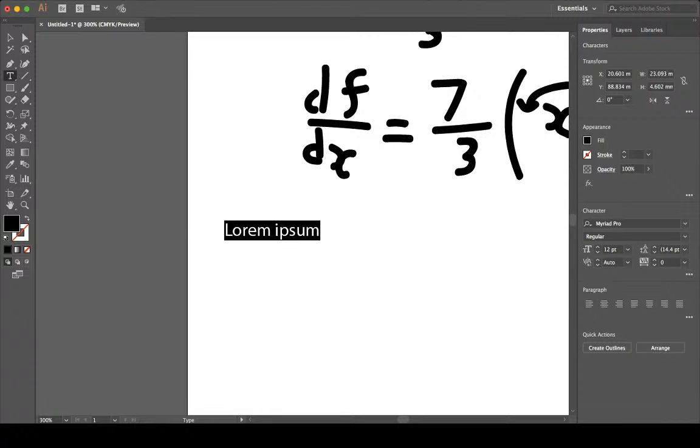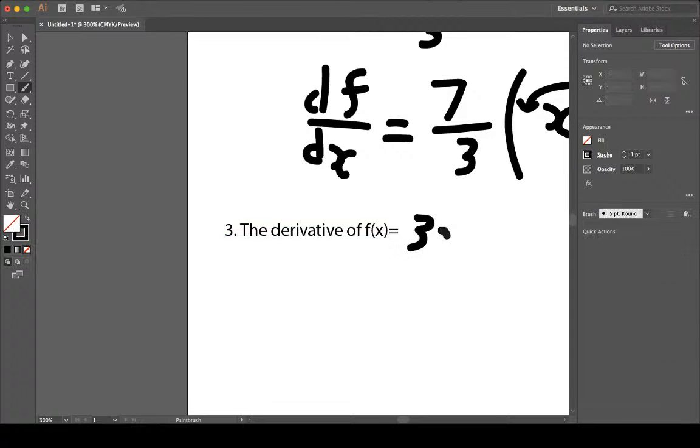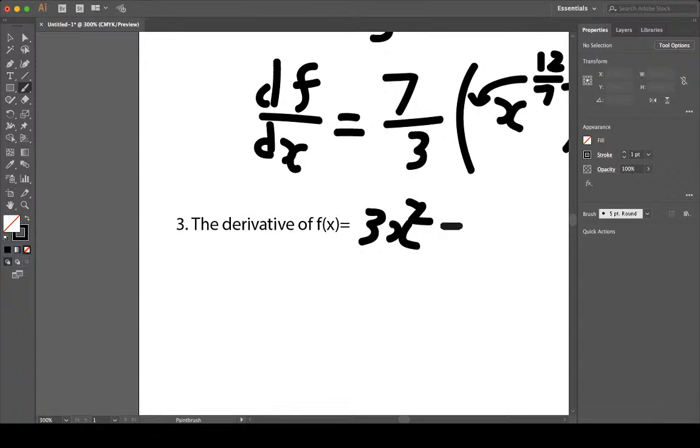For number 3, find the derivative of function x equals to, let me just write this down now, 3x squared plus 5x and 6.